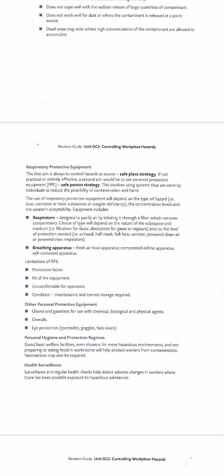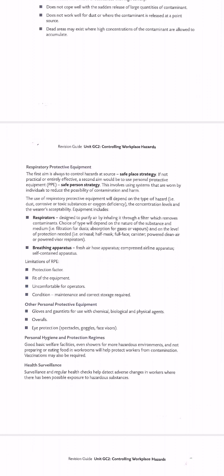This filter filters the dust and absorbs the gas or any vapor, and also the level of protection needed, right? Then half mask, and powder, it can clean the air.